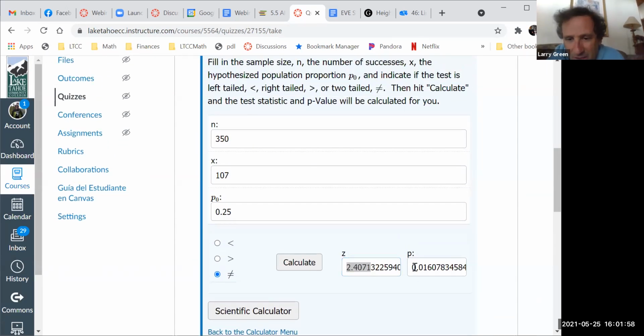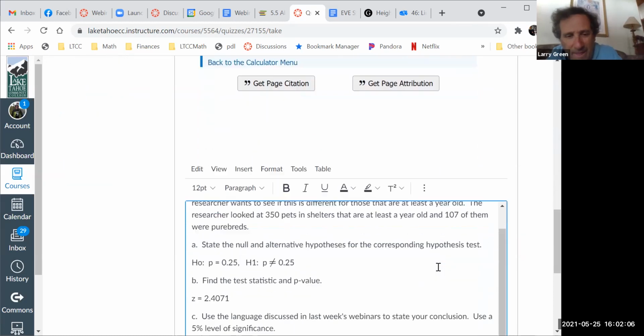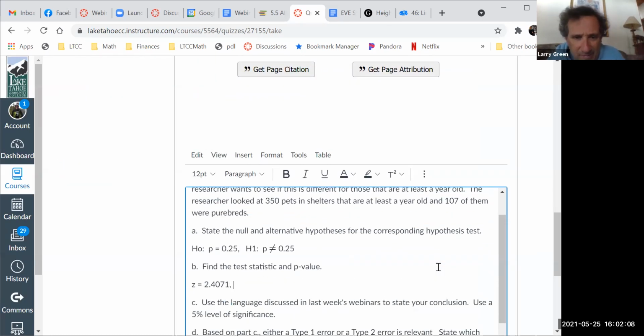And then the p-value was this number, which is 0.0161. Any questions on finding the test statistic and the p-value?